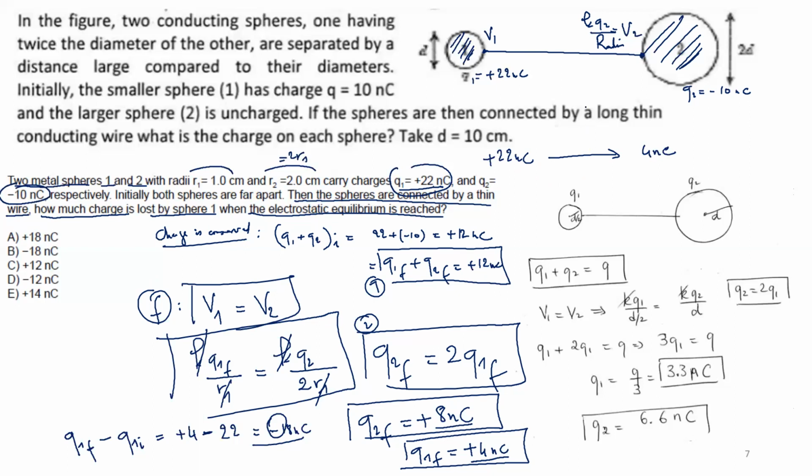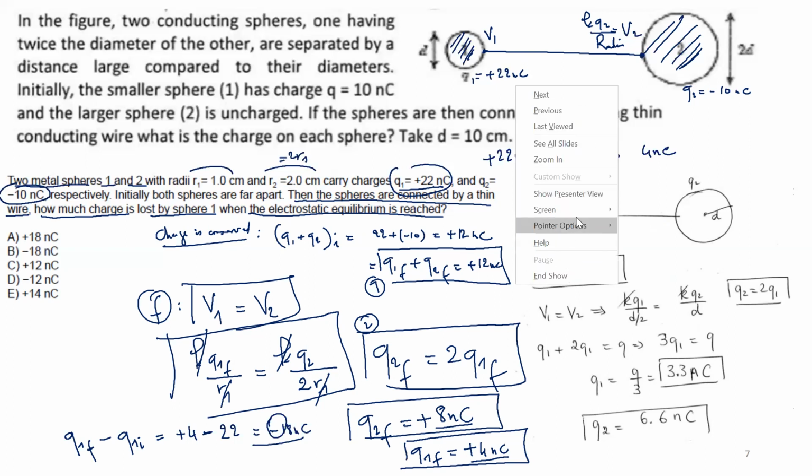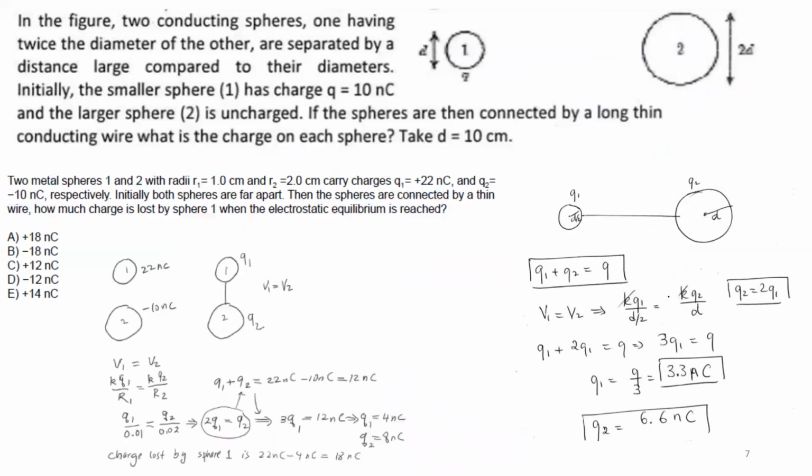Now you can say also how much charge was gained by sphere number 2. Okay, and you know how to do it. So let me go here and erase this. And again, the solution is given. So he has lost what? 18 nanocoulomb has been lost.